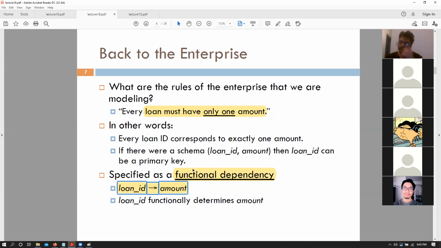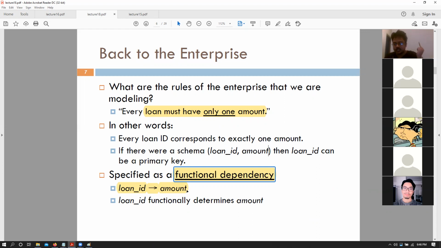Amount does not directly depend upon customer ID, but amount depends upon loan ID. Loan ID and customer ID could be related somewhere else, but amount is directly tied to the loan ID. This is what we call a functional dependency. And this is usually represented as loan ID arrow amount, where amount depends upon only the loan ID.